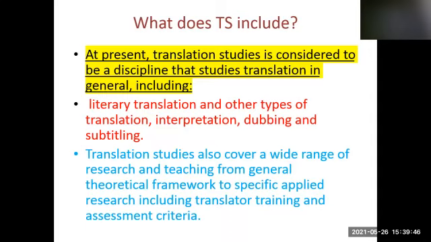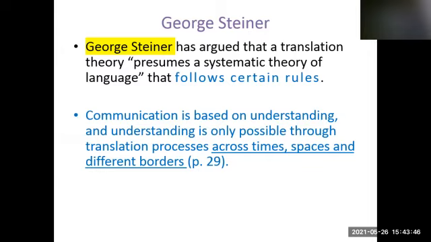This is what we mean by transporting the text cross-culturally. So if the peoples of the world want to establish a successful communication, then they have to understand each other. And understanding is only possible through translation.